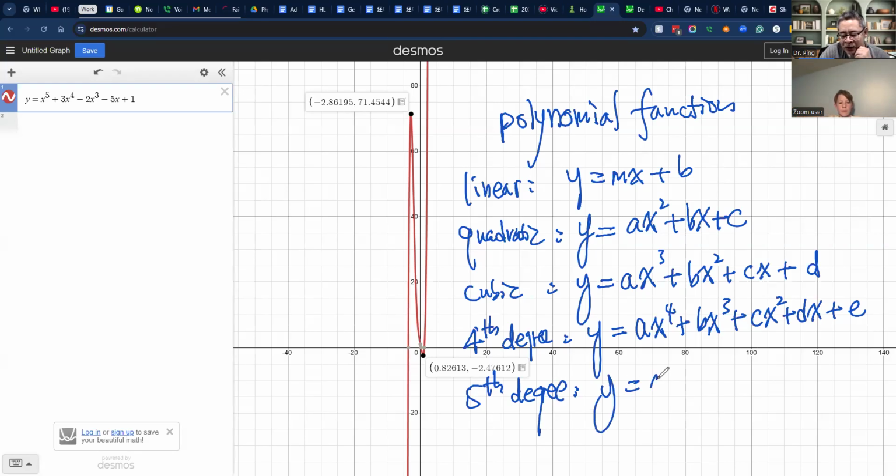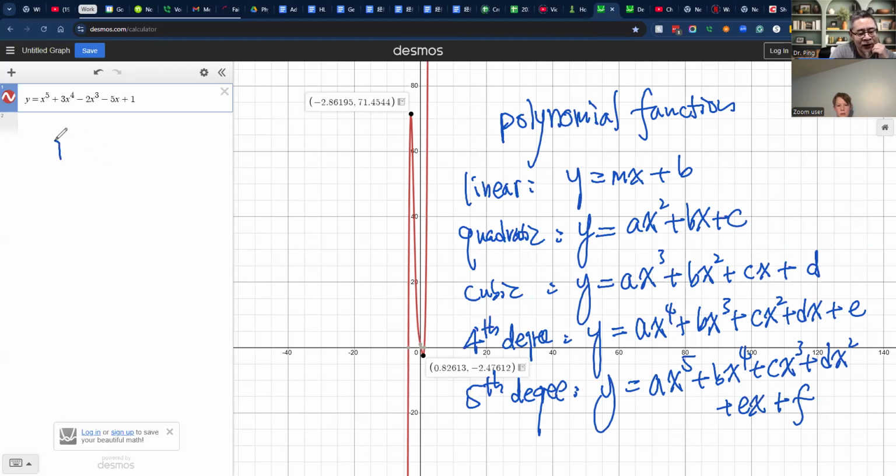It's y equals ax to the 5th plus bx to the 4th plus cx to the 3rd plus dx squared plus ex plus f, using a b c d e f. Now, if we keep going, then we run out of the alphabet. So another way of writing it is with nth degree.